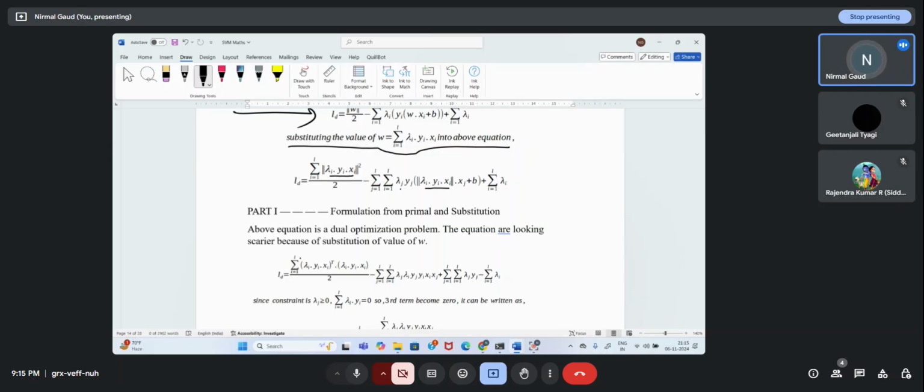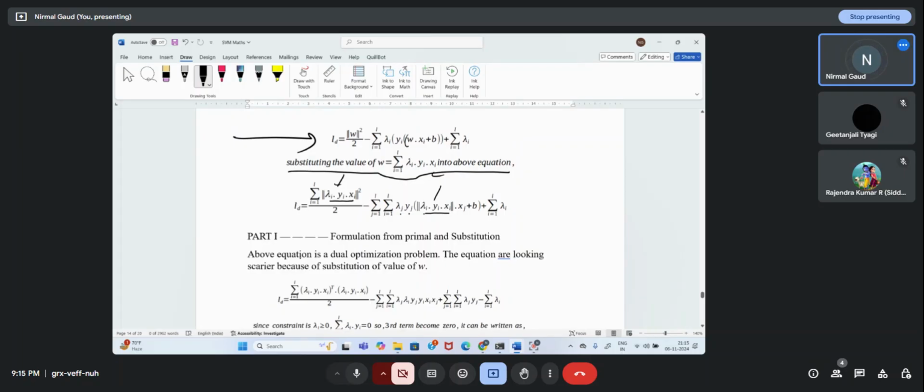Now they are writing lambda j yj, lambda I yi. Here they have changed to lambda j yj, lambda I yi xi xj. So this is the value of w, substituted here. Okay, got it. And this is lambda I.